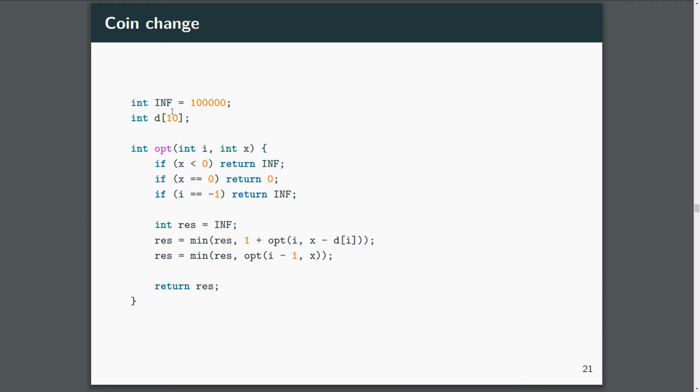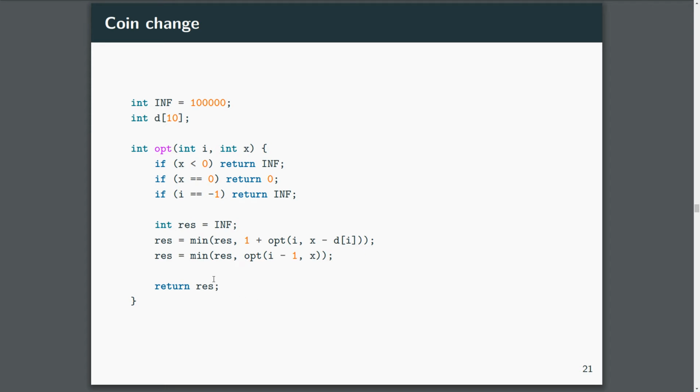So here we'll define our error value, infinity, to just be some large number. It just has to be large enough. And then we have our denomination here. So our base cases: x is less than 0, infinity; if i is equal to -1, infinity; and if x is equal to 0, we have solved the problem properly, and we return 0.